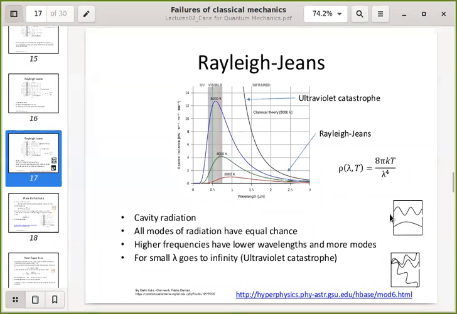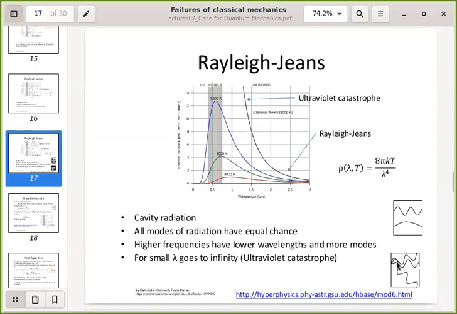However, as you increase the frequency, as you decrease the wavelength, you find that there are more modes available. You can get a wave that fits perfectly in various ways. The smaller you make the wavelength, the more multiples of that wavelength you can fit into that cavity.